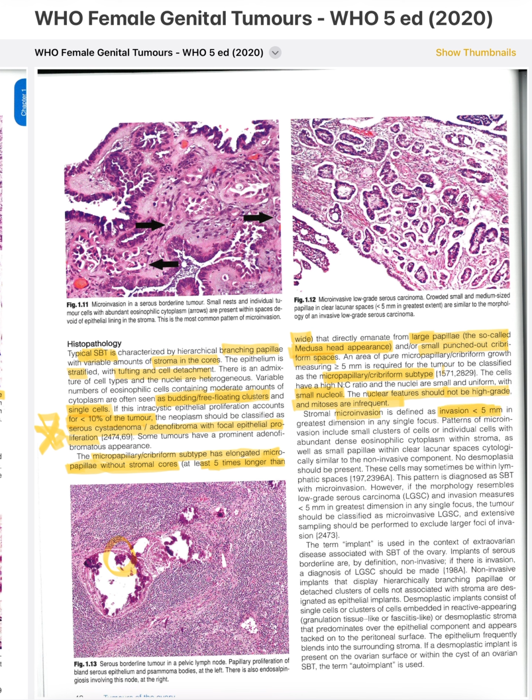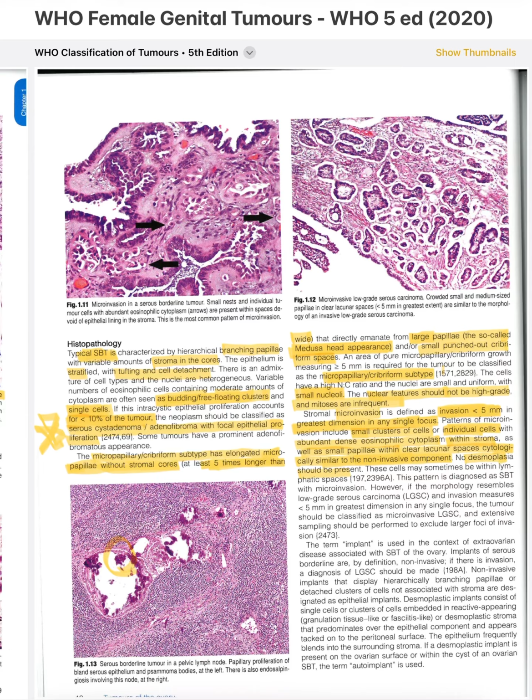Stromal microinvasion is defined as invasion less than 5 mm in greatest dimension in any single focus. Microinvasion means less than 5 mm. Patterns of microinvasion could be small clusters of cells or individual cells with abundant dense eosinophilic cytoplasm within stroma, as well as small papillae within clear lacunar spaces, cytologically similar to the non-invasive component.